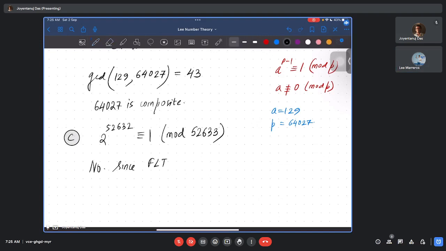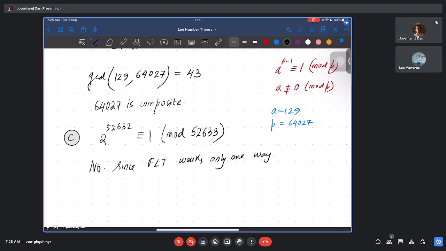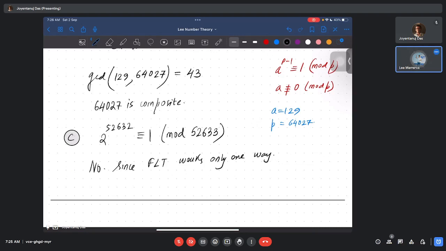So this works only in one way: if it is given that P is prime, then I can say that a to the power P minus 1 is 1 mod P. I cannot conclude whether it is prime. You cannot conclude that 52633 is prime.